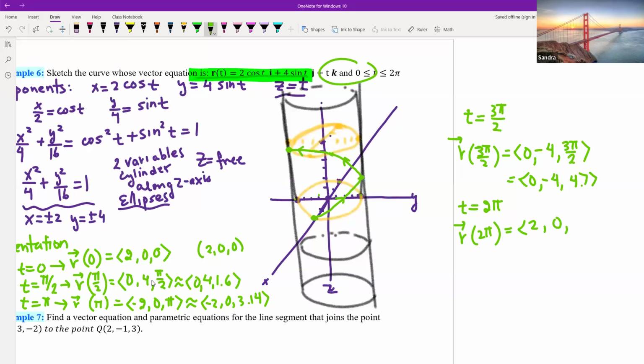And then t will be here, 2 pi, and 2 pi is about 6.3. So then x is 2. Let me go ahead and draw that one in pink. That's 2, and y is 0, and then the height is 6.3.